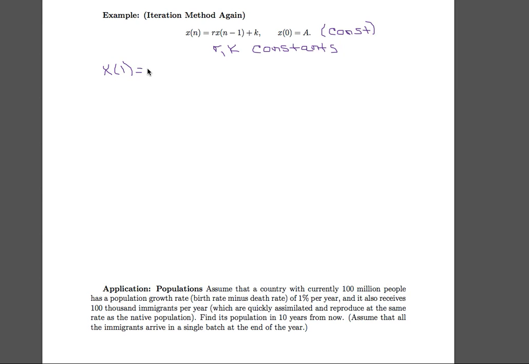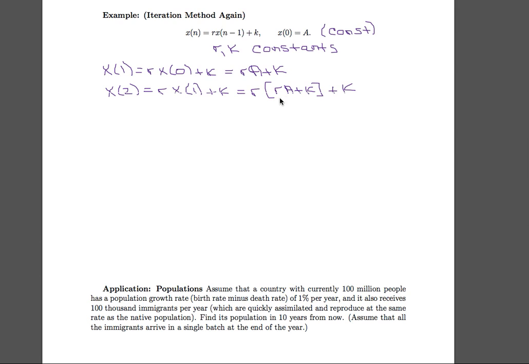So x1 is r times x of 0 plus k. And we know that x of 0 is capital A again. So we have RA plus K. X of 2 is R times x of 1 plus K. So that's R times RA plus K, plus K, right?